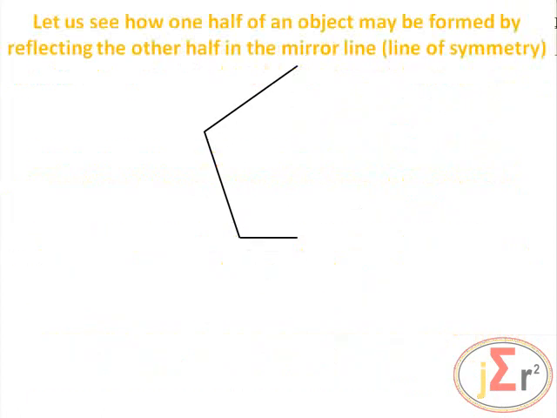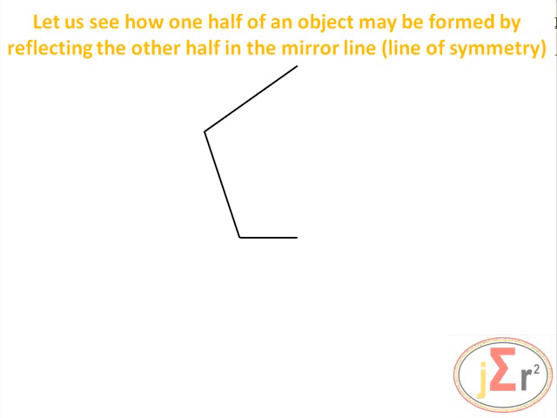So there we have one half. We will use the principle of reflection rather than just flip. So we will not just flip the half of what we have there over, which is the same effect of reflecting that object in a particular mirror line.